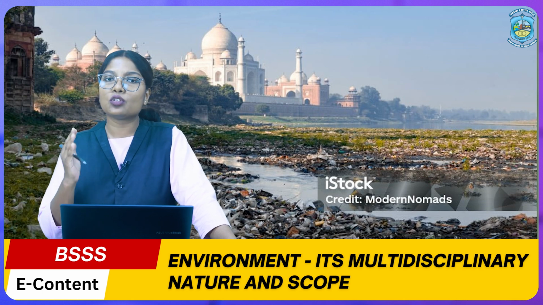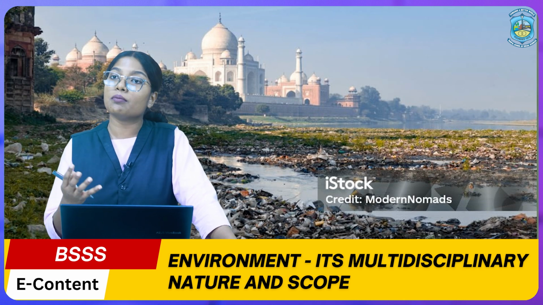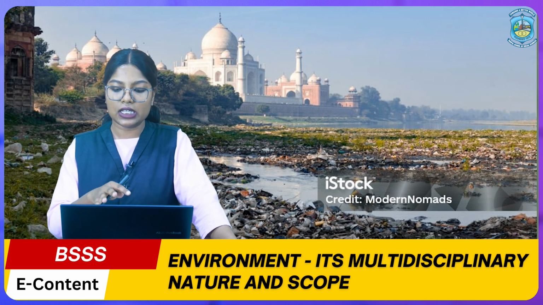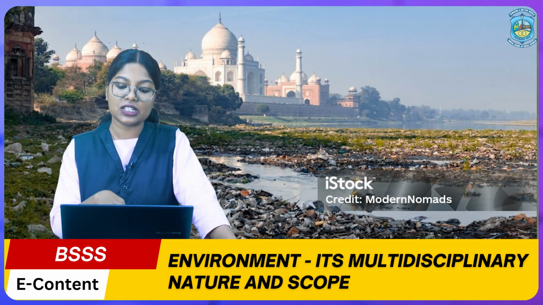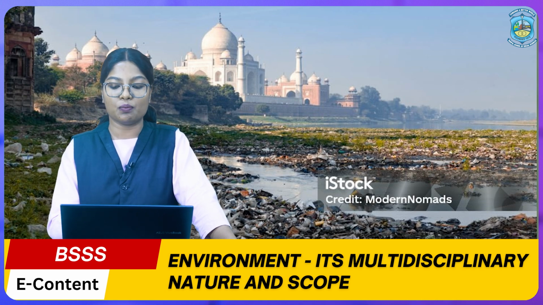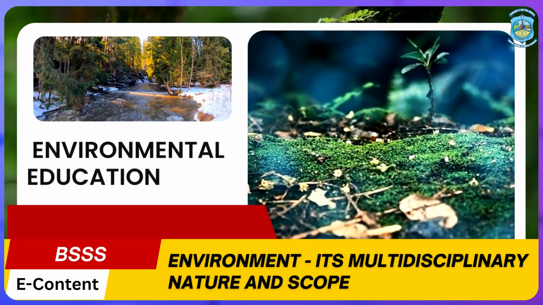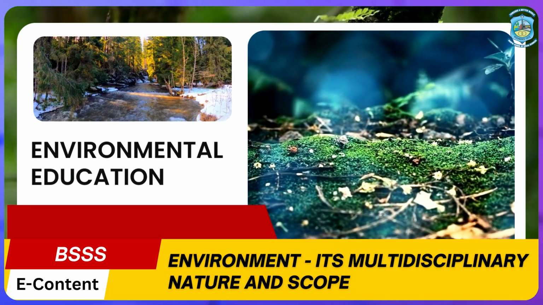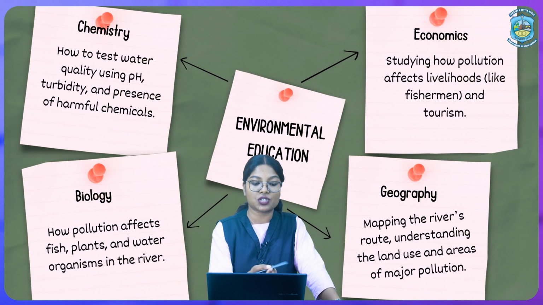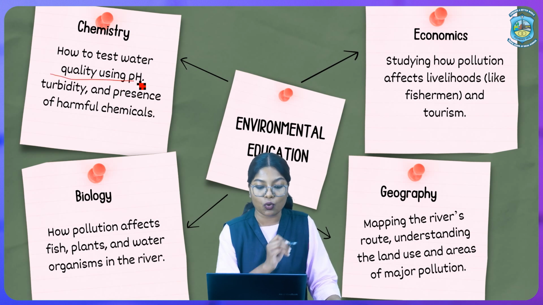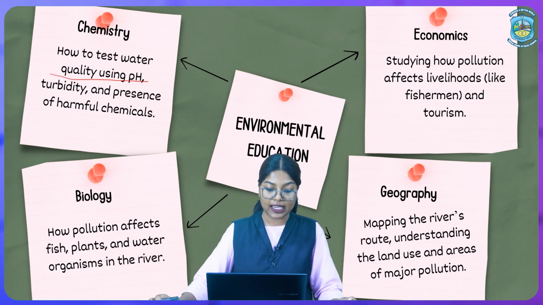So to make those students environmentally aware, the school decided to teach them about this river and its pollution through various disciplines. To study the Yamuna river from the discipline of chemistry, the school would help the students check the quality of water using the pH scale.